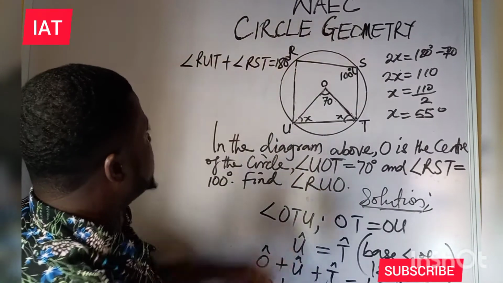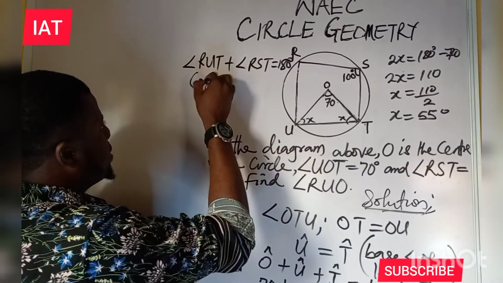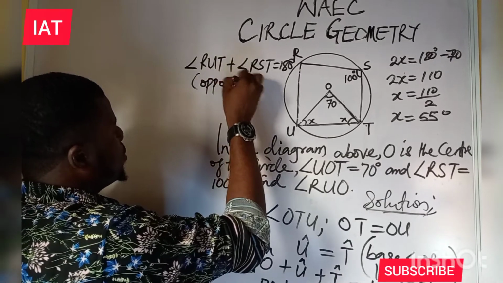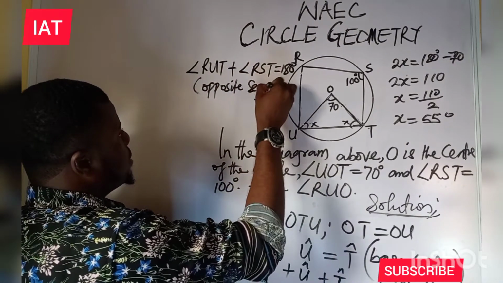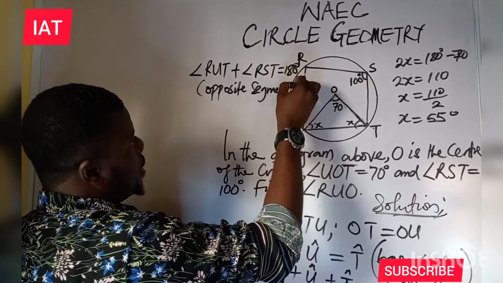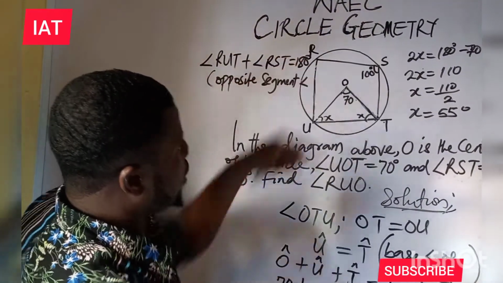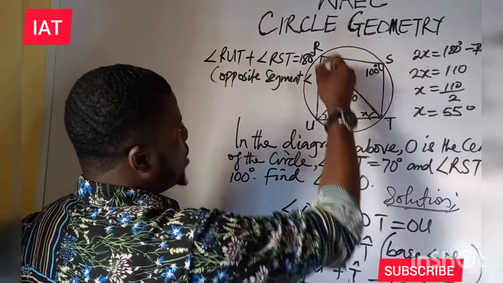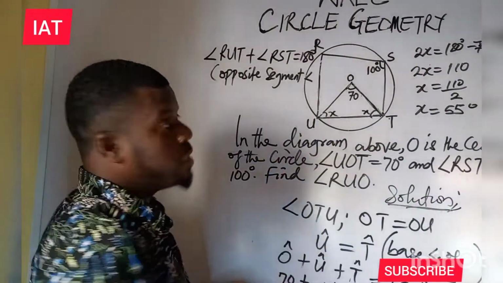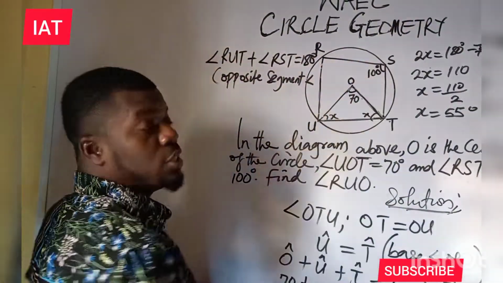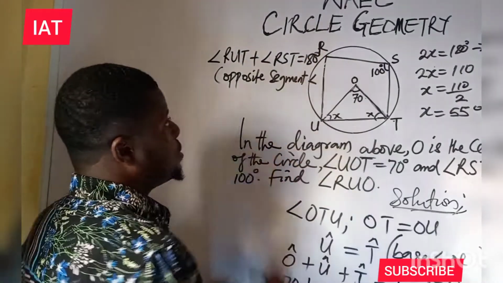The reason for this is opposite angles of a cyclic quadrilateral. You can see they are opposite angles, this angle and this angle. That is why the sum of these two angles is equal to 180 degrees.